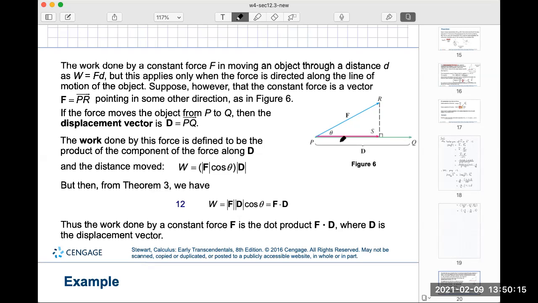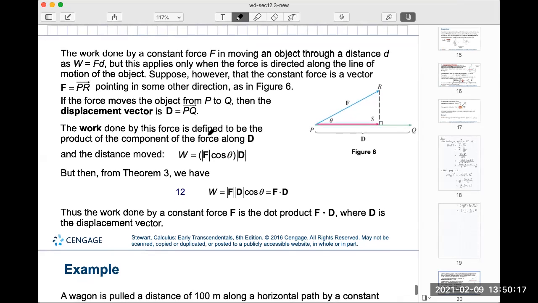Then the work done will be the force, which is the red vector here, right? Multiply with the displacement, from physics. And the red vector here is a projection of F on the direction PQ here, right?